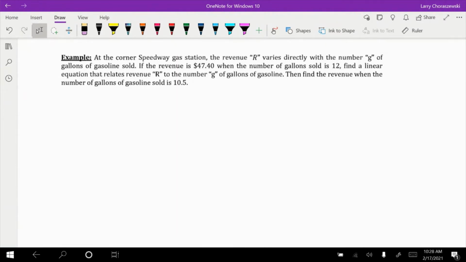The revenue is $47.40 when the number of gallons sold is 12. Find a linear equation that relates the revenue R to the number G. And if that weren't enough, we want to proceed to find the revenue when the number of gallons of gasoline sold is 10.5.